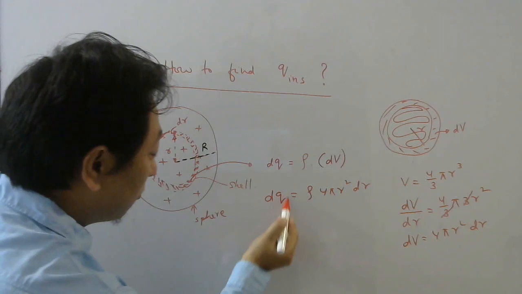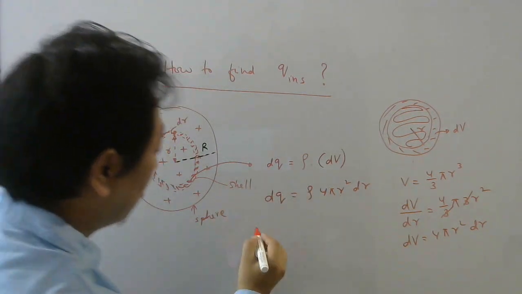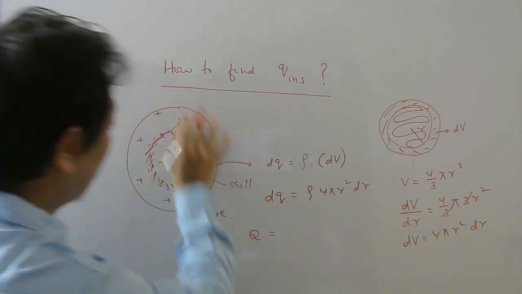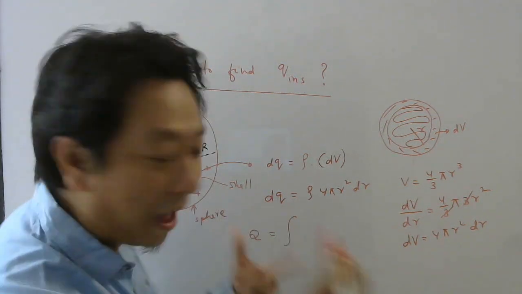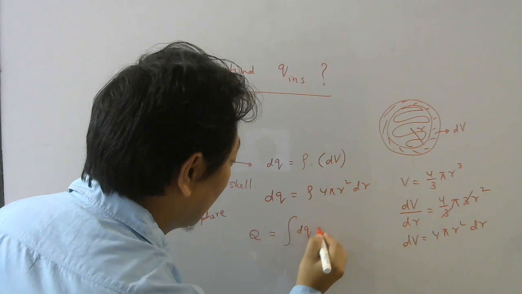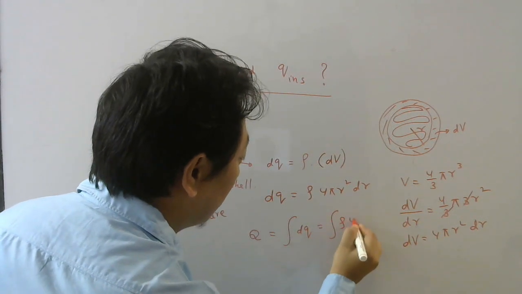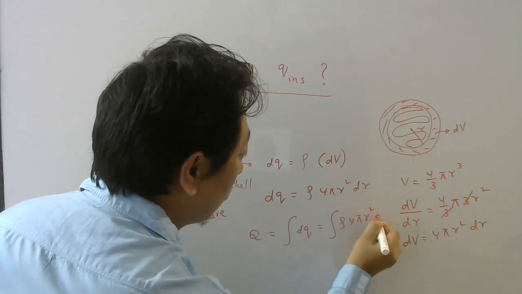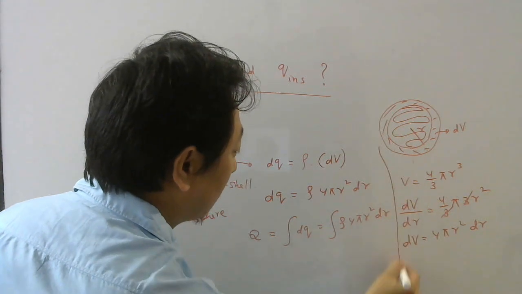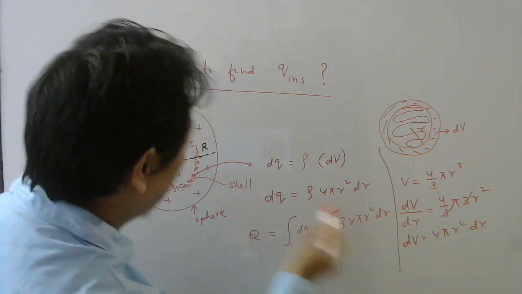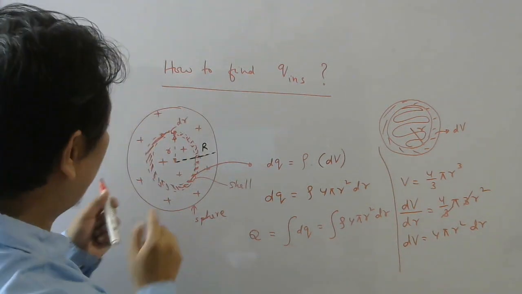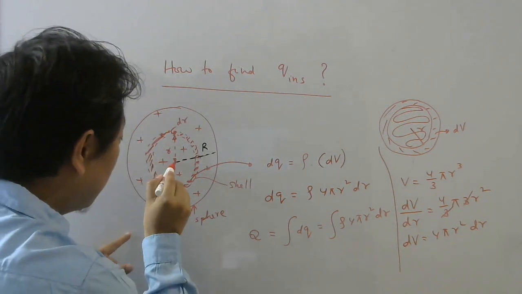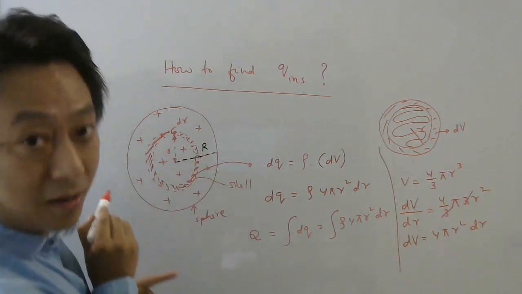Once I know how to find dq in terms of r, to find the total charge of the sphere, I just have to integrate. That is, I have to just add dq. So integrate rho into 4 pi r square dr. From where to where? Well, that depends. If you want the total charge of the sphere, then you have to increase the radius from 0 up to capital R, isn't it?